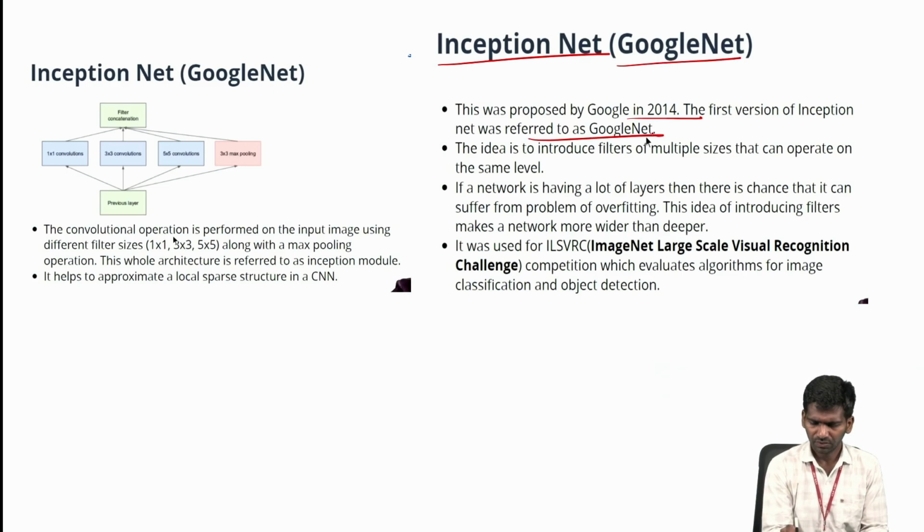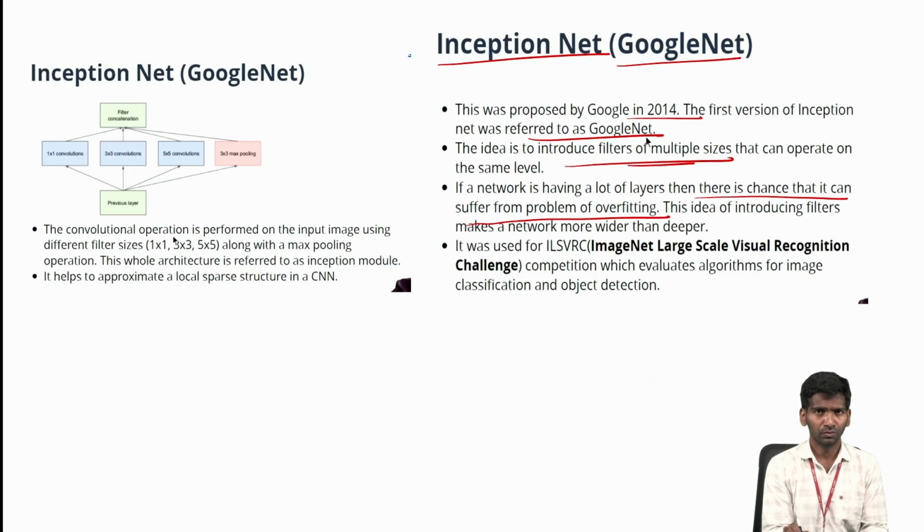You can see here, the idea is to introduce filters of multiple sizes that can operate on the same level. When you compare with the remaining architectures, here we are using filters of multiple sizes. If a network has a lot of layers, there is a chance that it can suffer from the problem of overfitting.